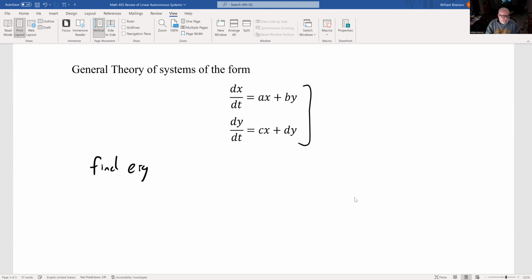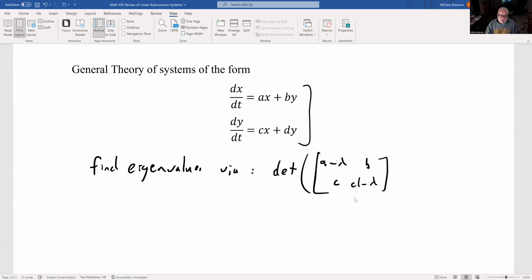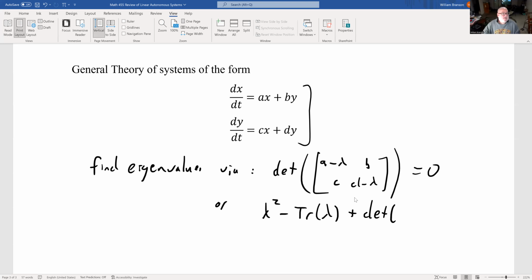Find eigenvalues via the determinant of A minus lambda, B, C, D minus lambda equals 0, or lambda squared minus trace of M times lambda plus determinant of M equals 0.